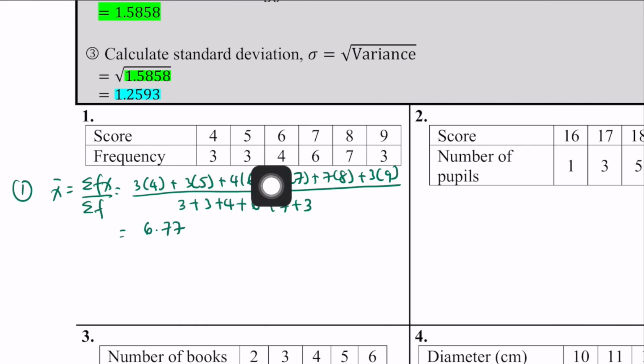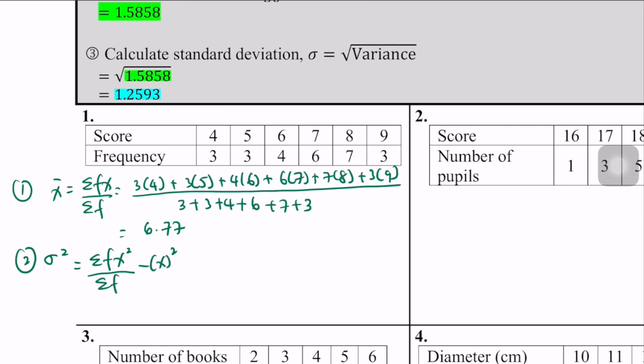Next, number 2, the variance. Sigma square, the formula is summation of fx square divided by summation of f, minus the mean, then you square it.